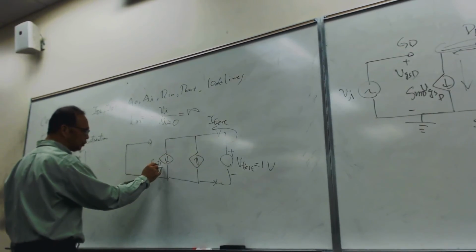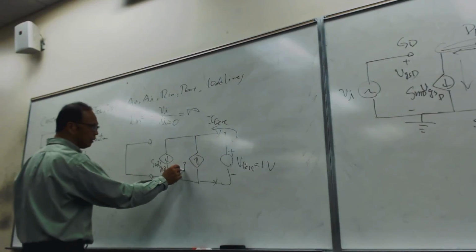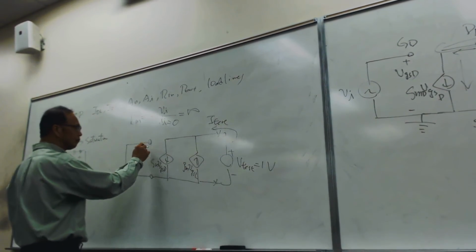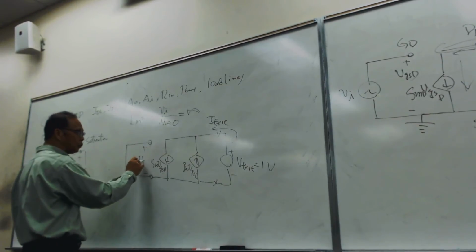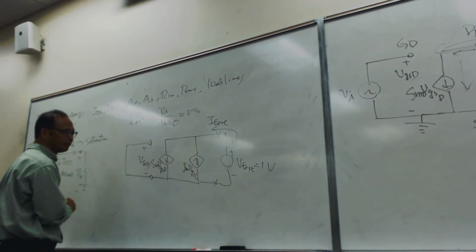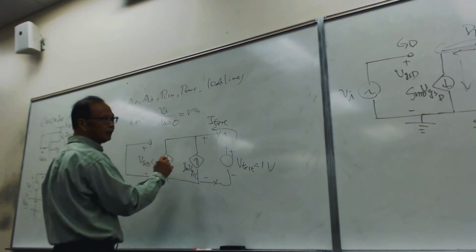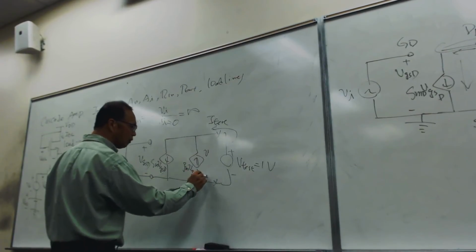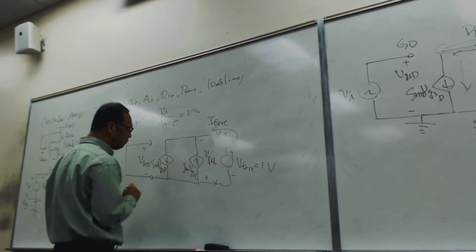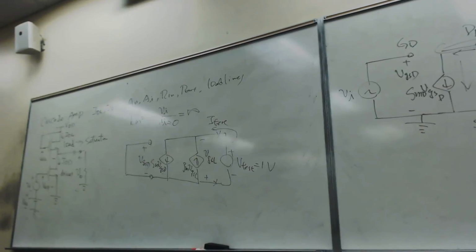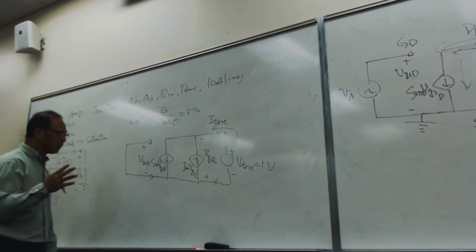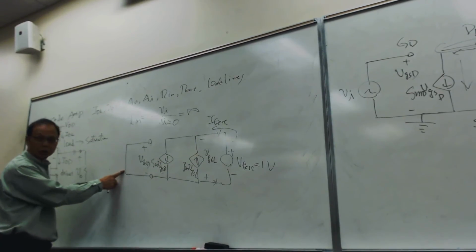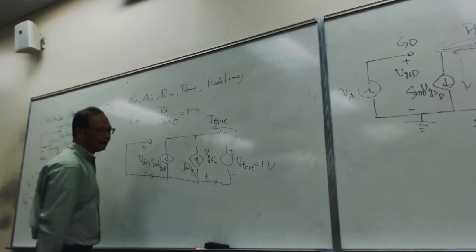GMV GSD, GMV GSL, so this is VGSD, and this is VGSL. Everything is the same, except that I have disabled this I, made it a short circuit, and I have added the test voltage.